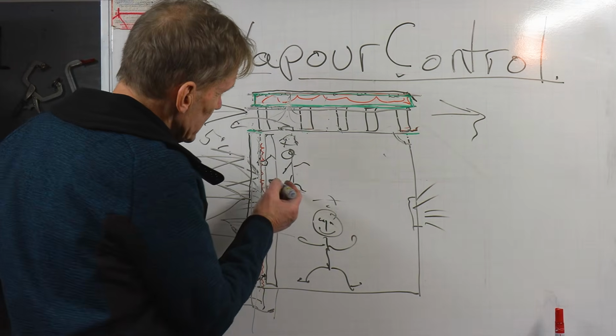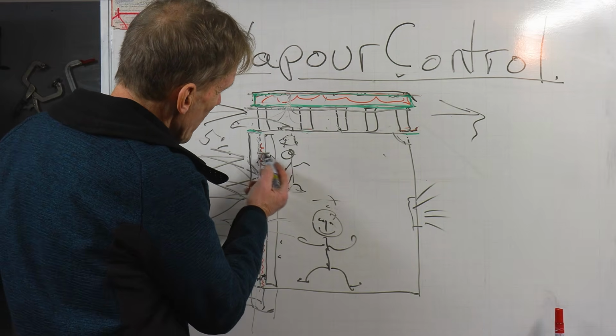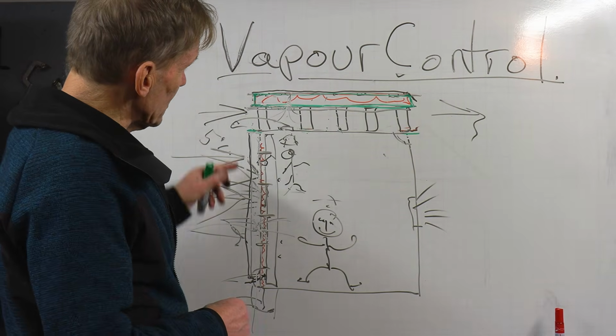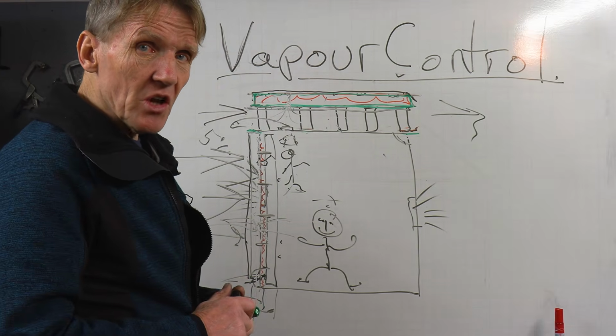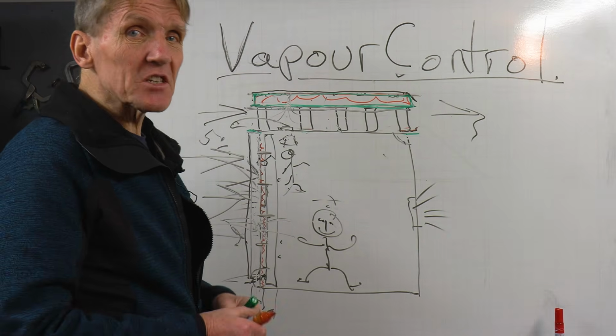So then the next thing we find is we're getting damp patches on the inside, normally where the wall ties are. All these things are solvable. The best thing you can have is some kind of vapor permeable layer on the outside, and that will solve the problem. And there are plenty of products around now.